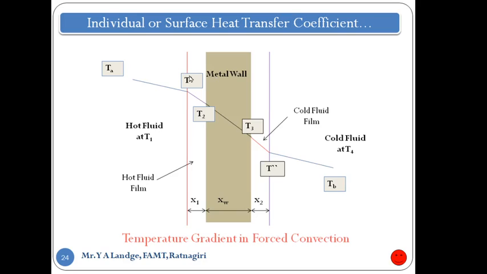One resistance at the hot fluid, which we call convection, means the heat is transferred from the hot fluid by convection to the metal. From the metal wall it is by conduction because it is a solid material, and from the metal surface to the cold fluid it is by convection.